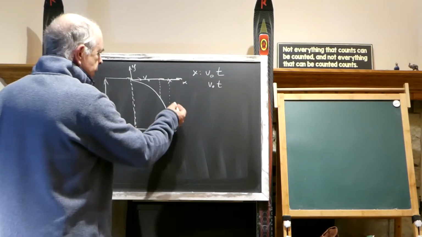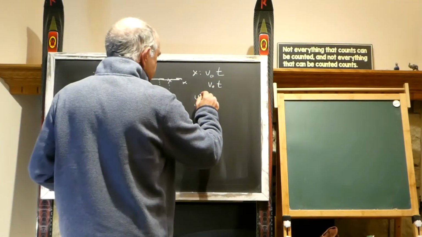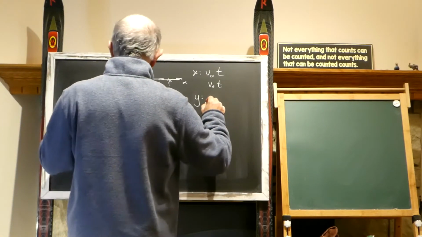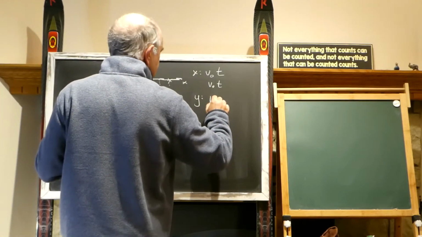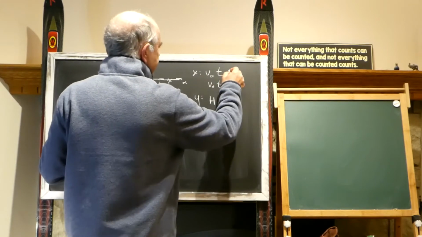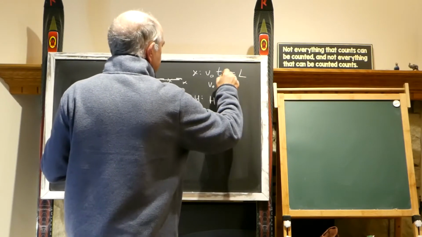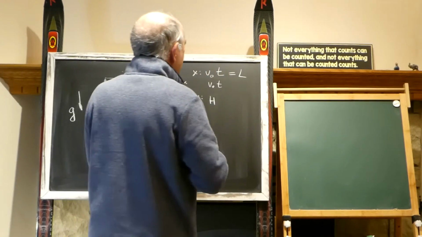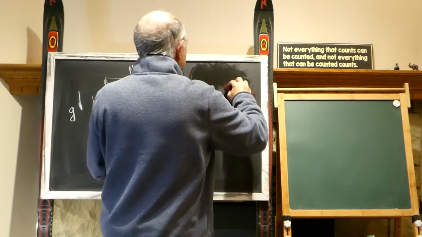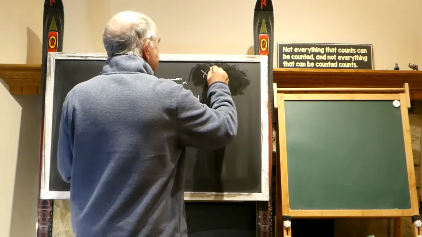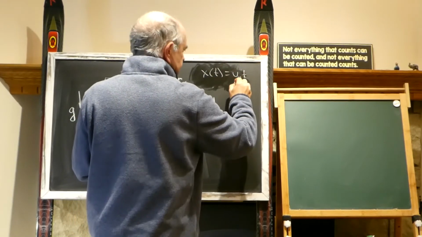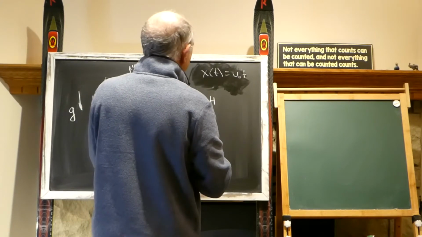But the point is, let's describe the movement along y. Along y, of course, this is h. And by the way, x equals v0t equals L. Let's put it a little bit differently. X at the moment of time t equals v0t. And this is for the aircraft and for the bomb.